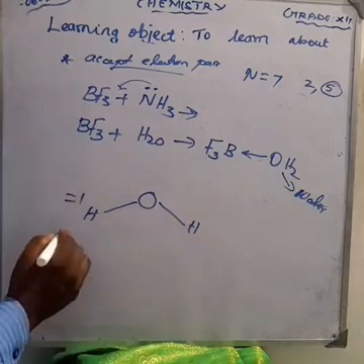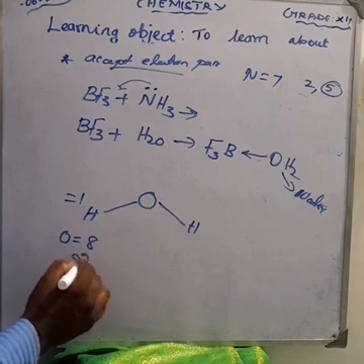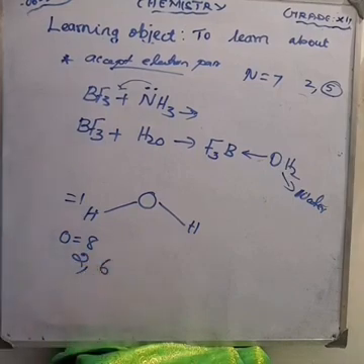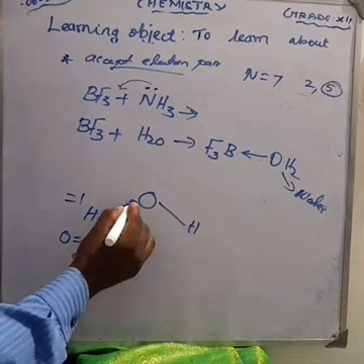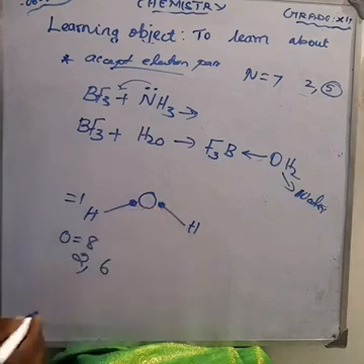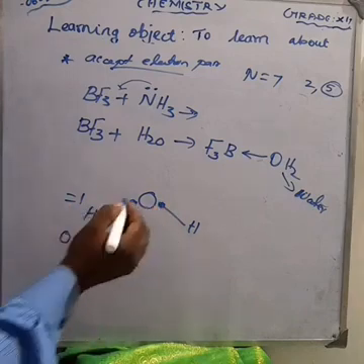What is the atomic number of oxygen? Oxygen is equal to 8. First shell can accommodate 2 electrons, second shell 6 electrons. So 1 electron goes to hydrogen, other electron goes to hydrogen. Remaining how many electrons? 6 minus 2, remaining 4.